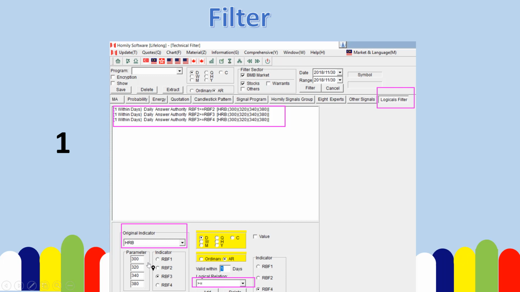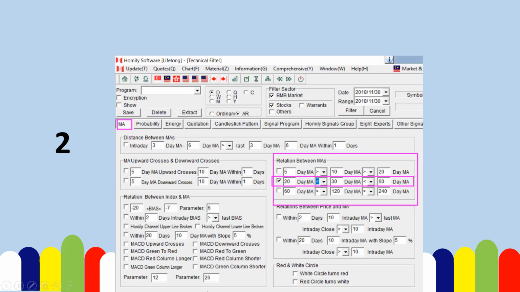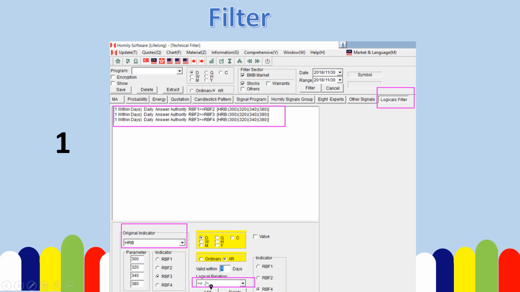Select RBF1, then we choose the logical relation bigger than RBF2, then we click add, and it will come out in this window. Then we click RBF2 bigger than RBF3, click add, and it will come out here also. And then RBF3 bigger than RBF4.